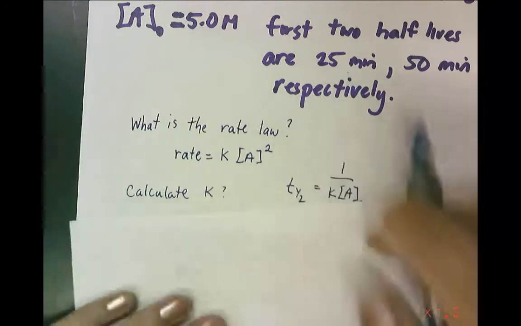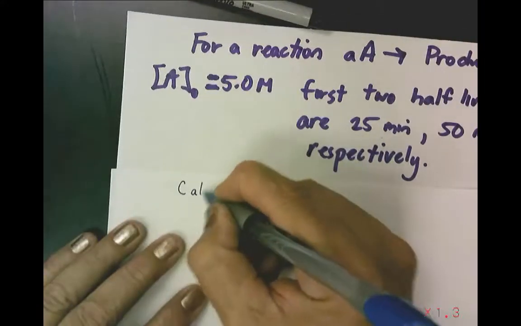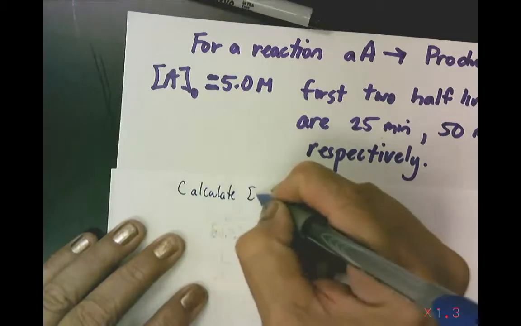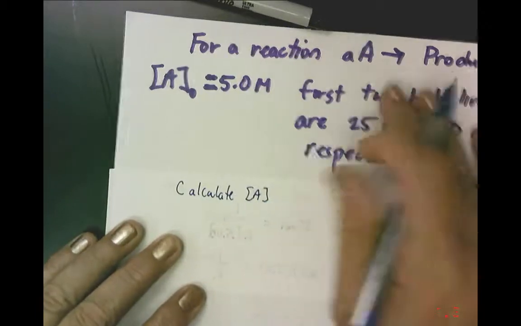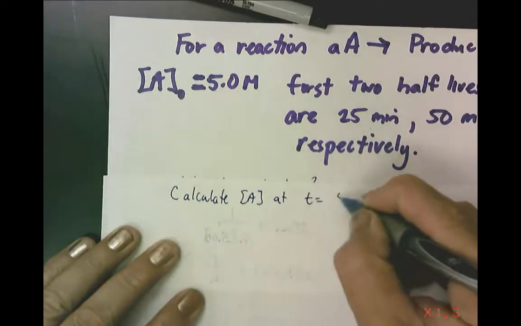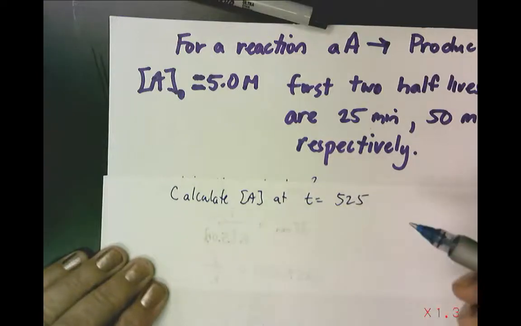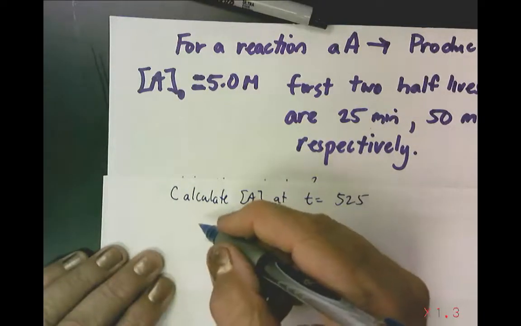So calculate concentration of A at t equals 525. Okay, so now I have to recall my integrated rate law for second order.